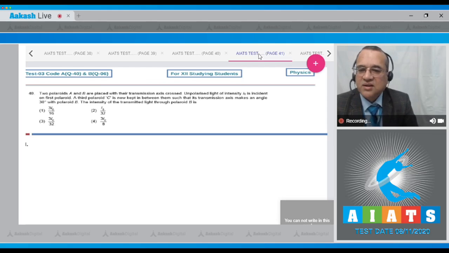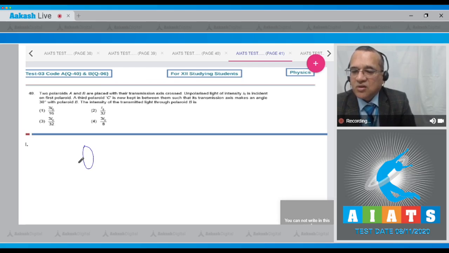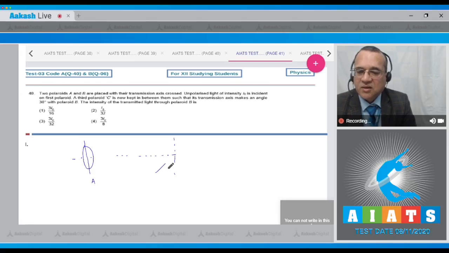Now dear students, this is the case where one polaroid is like this and the third polaroid B is placed exactly at a right angle to this one, with the transmission axes crossed. In between, another polaroid is placed, making an angle of 30 degree with this polaroid.